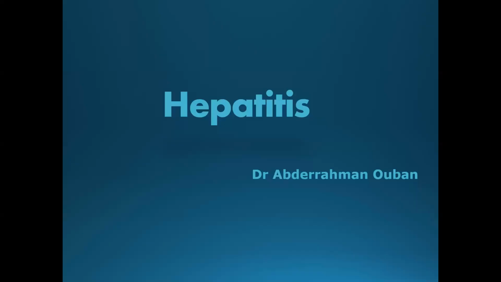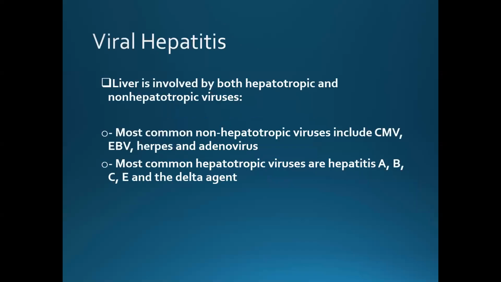Hepatitis. It starts with a little bit of an overview about what affects the liver. There are viruses that have a predilection for the liver, what you call hepatotropic, and other viruses that will affect the liver as part of their systemic involvement in the body.